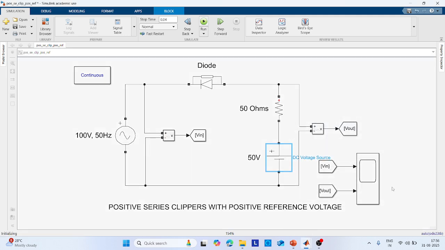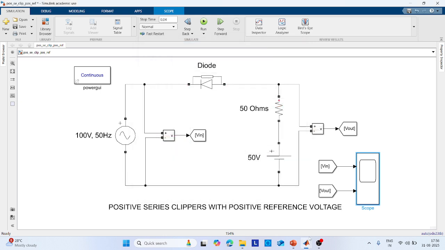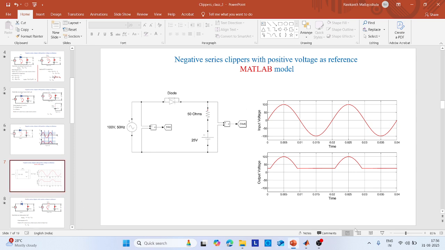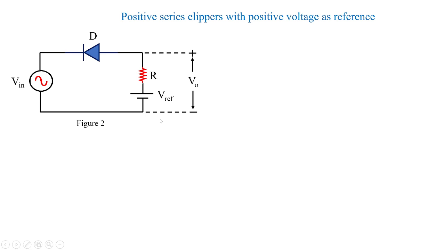And if I run this, now you see the positive waveform of the output. Here you can see it is clipped off, whereas the negative is sustained, and hence the positive series clipper resembles this kind of waveform. So likewise, I have taken different conditions of diode as well as the resistor.